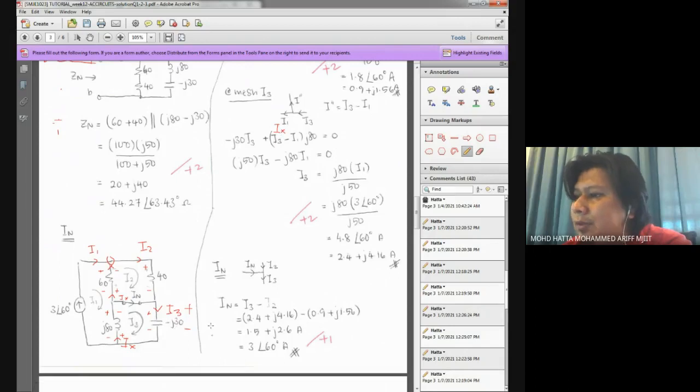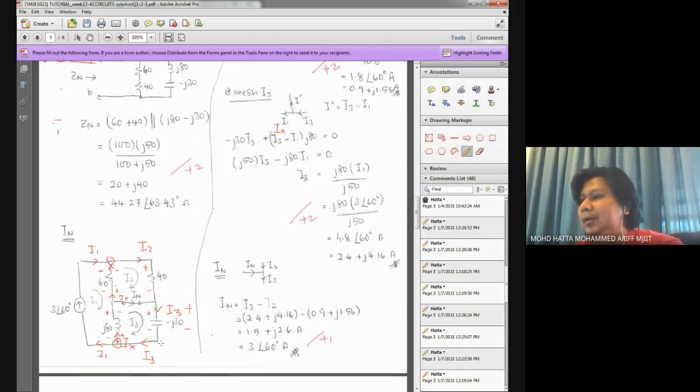So to get the value of IX, I prefer to have a look at this point. At this point, I want to find the current over here, and I have the definite I3 here and definite I1 here. So using the relationship between current in and current out, this is the drawing that I bring into a bigger picture.